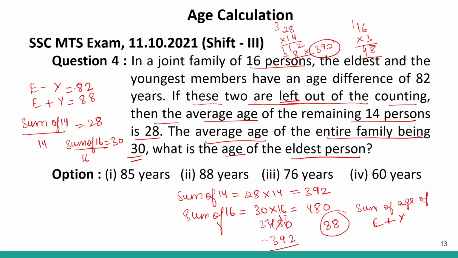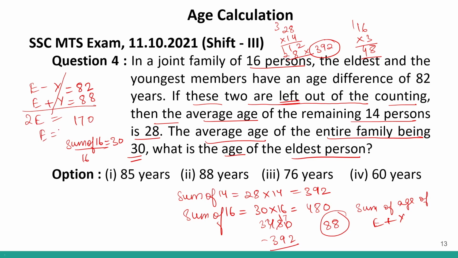So if I add these two, minus y and plus y will cancel. Correct? Here I'll get 2e, and if I add 82 and 88, I'll get 170.